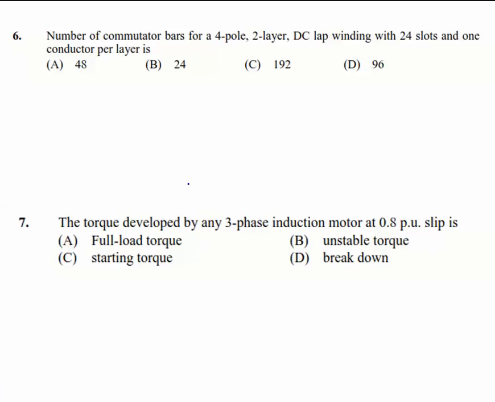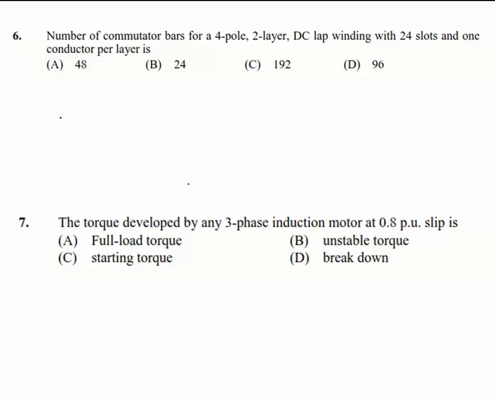And the next question here is the sixth question. The number of commutator bars for a 4-pole 2-layer DC lap winding with 24 slots and one conductor per layer is.